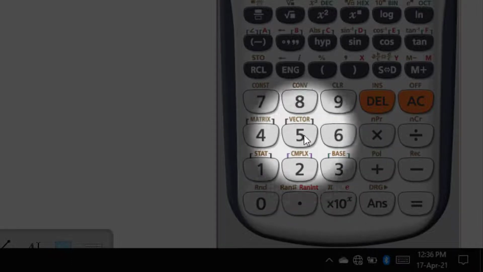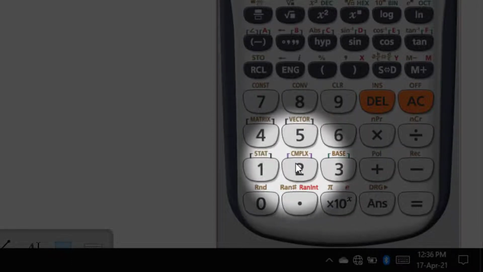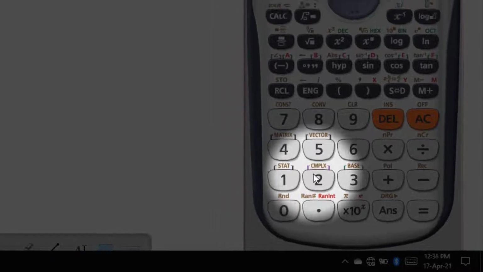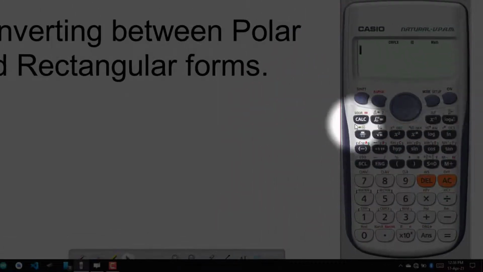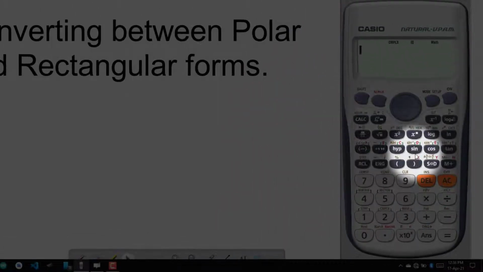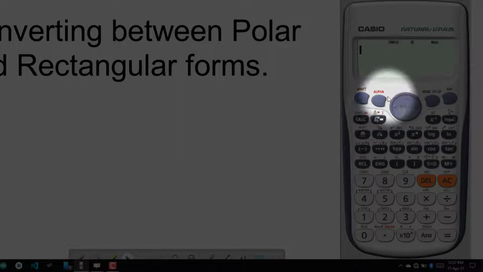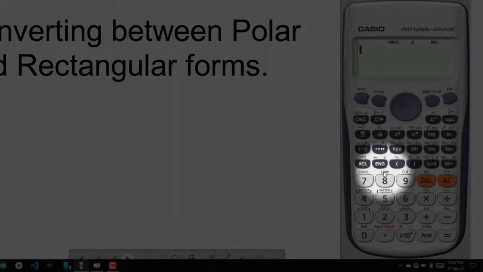So to access the further complex modes, we will use 2. Because it's in yellow, we can access all the yellow functions using shift. For the red functions like A, B, C, X, Y, M, we can access them using alpha, including the equal sign here. But for the yellows, we use shift.